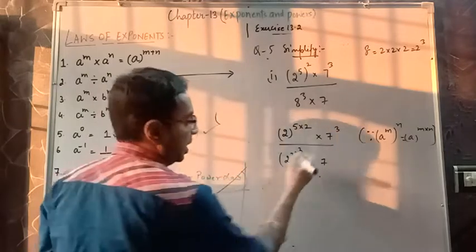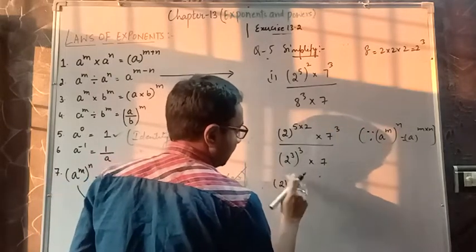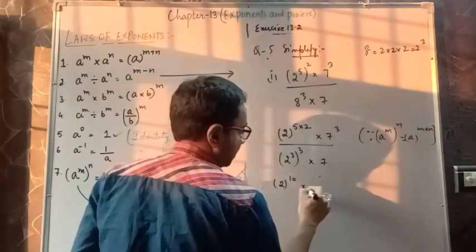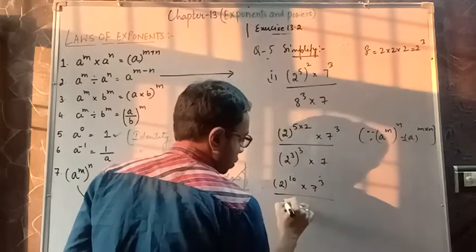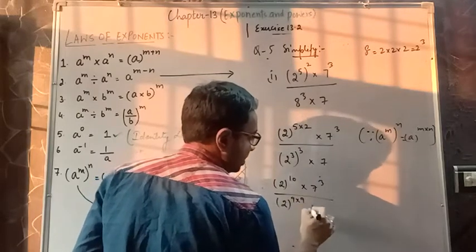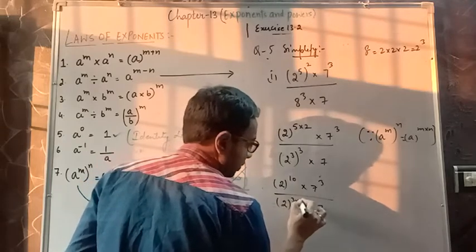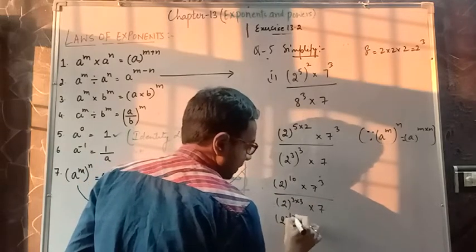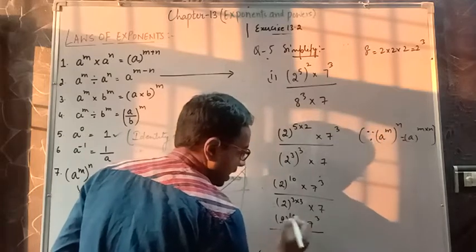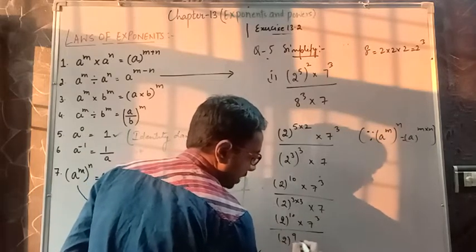Again I can apply the law. 2 raised to power 10 into 7 raised to power 3, and 3 into 3 gives 2 raised to power 9 into 7.